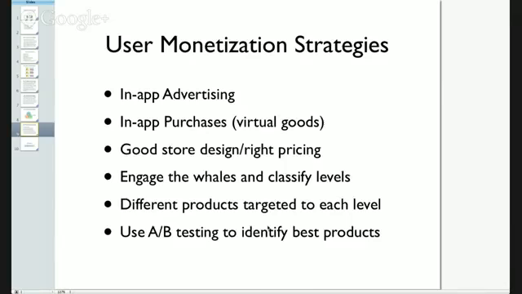Good store design. So when people are making purchases, they need to be able to quickly find what they want. I've gone to some stores and I can't figure out how to use it, right? That's really bad store design. I want to purchase something, but I can't figure out how to use the store, and so I quit the game. This is the worst thing possible. I'm really having so much fun that I want to buy, but then I actually quit the game because I can't even figure out the store.